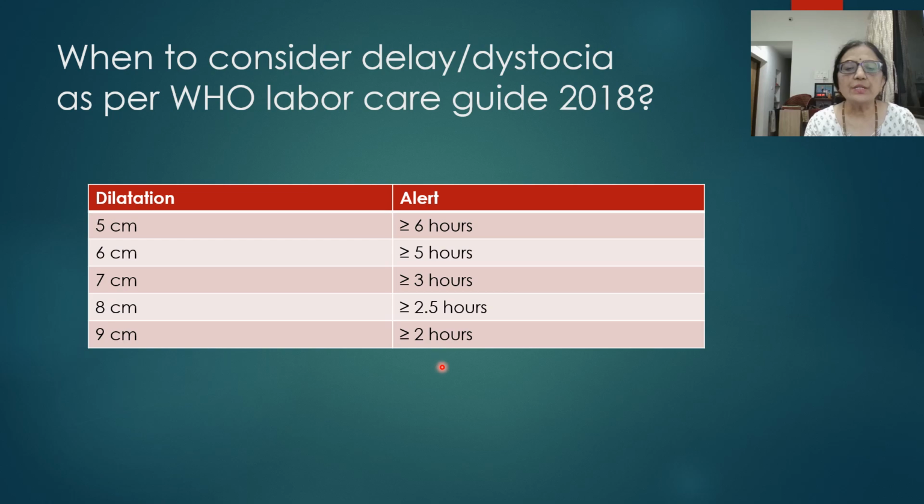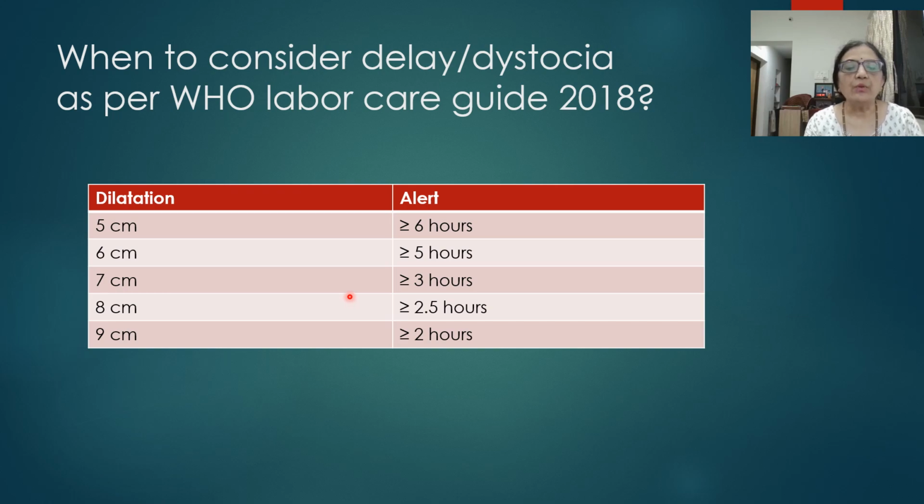So for postgraduates, it is mandatory that you learn this table by heart, as you can get a long answer question, LAQ, on this WHO Labor Care Guide 2018, because it has got a profound impact on management of normal labor all over the world.